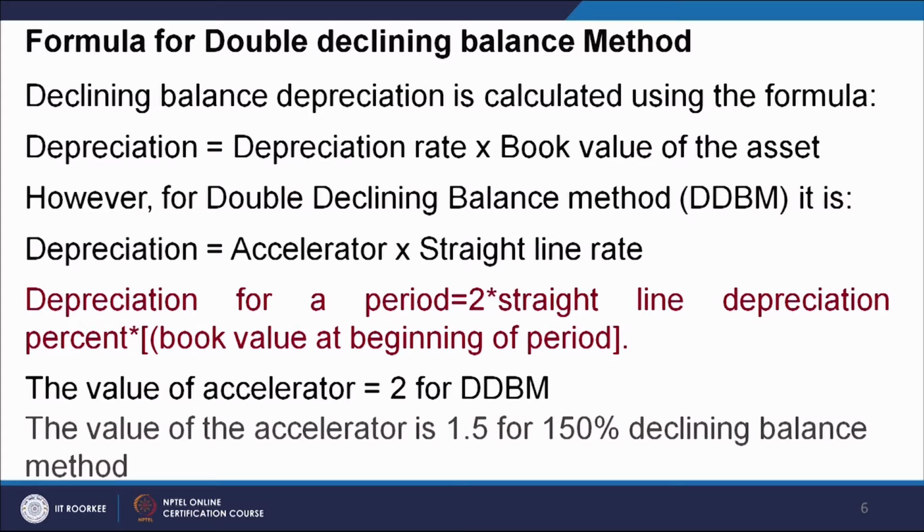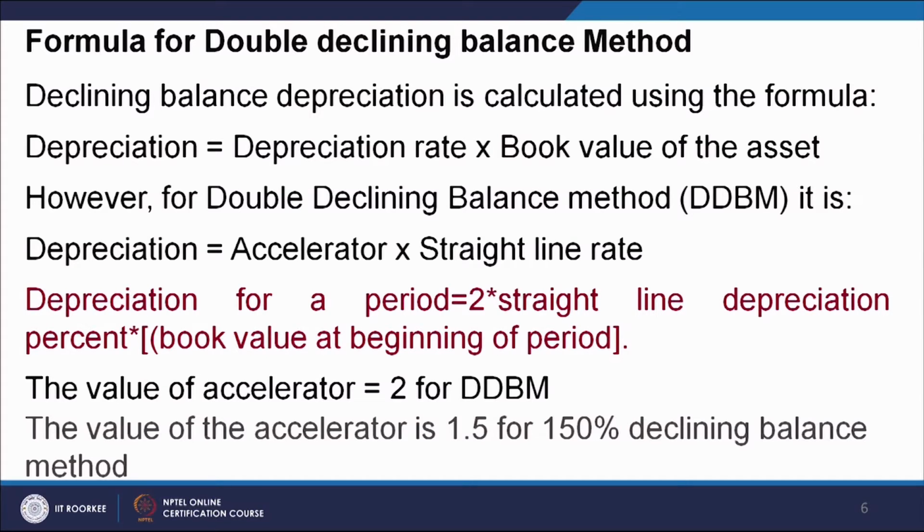However, in the double declining balance method, depreciation is equal to an accelerator factor into the straight line rate. Depreciation for a period is equal to 2 into straight line depreciation percentage into book value at the beginning of the period.